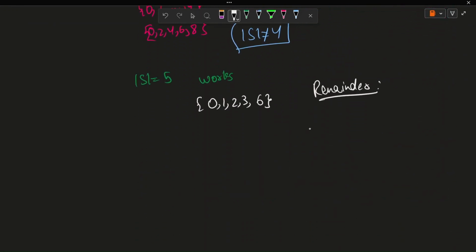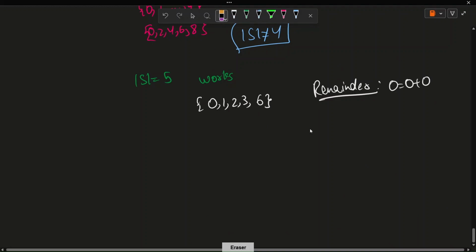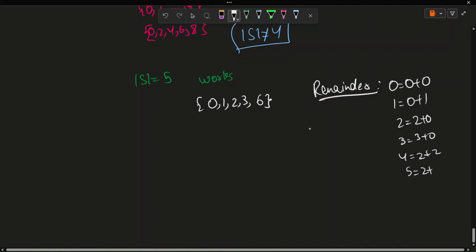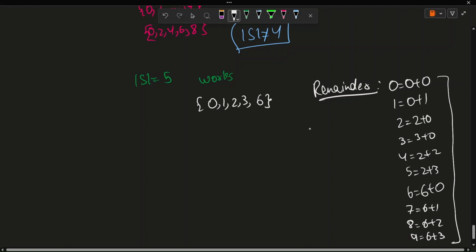So 0 can be written as 0 plus 0, and 1 can be written as 0 plus 1, 2 can be written as 2 plus 0, and 3 can be written as 3 plus 0, 4 can be written as 2 plus 2, 5 can be written as 2 plus 3, 6 can be written as 6 plus 0, 7 can be written as 6 plus 1, 8 can be written as 6 plus 2, 9 can be written as 6 plus 3.